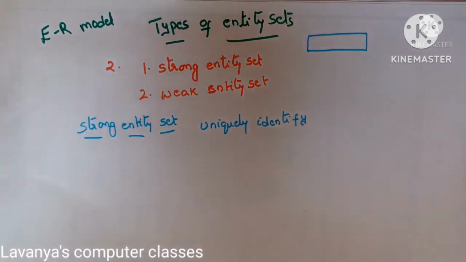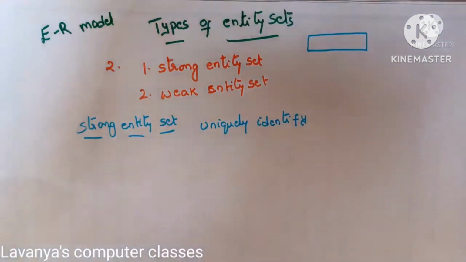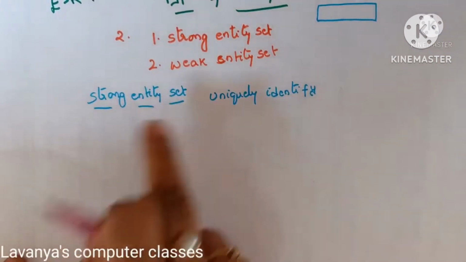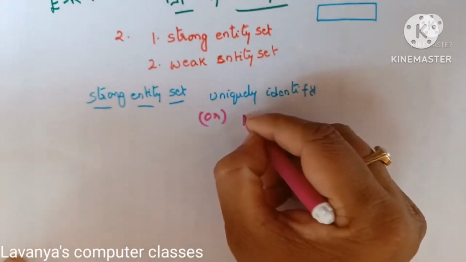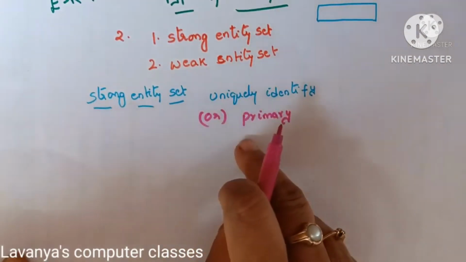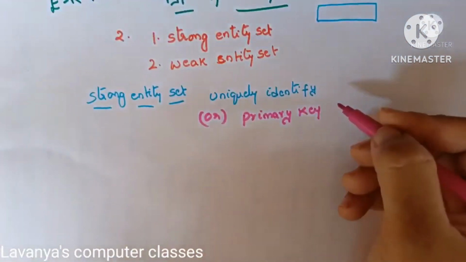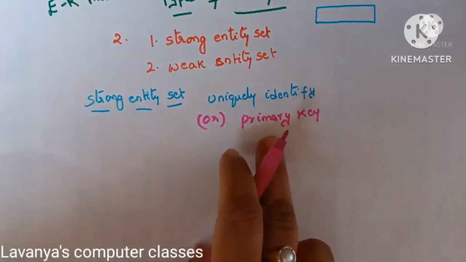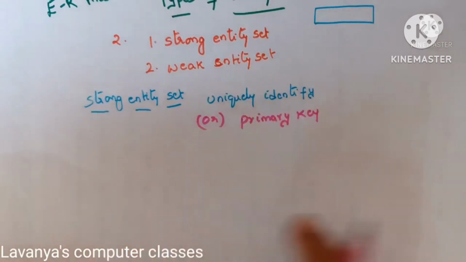Simply put, any entity set that has a primary key is called a strong entity set. So what is the use of a primary key? It is used for uniquely identifying the entity set.